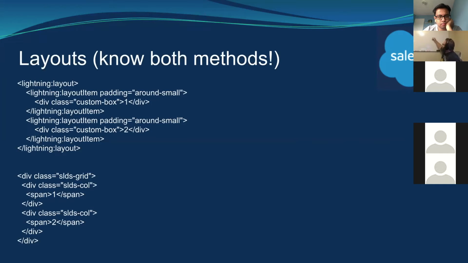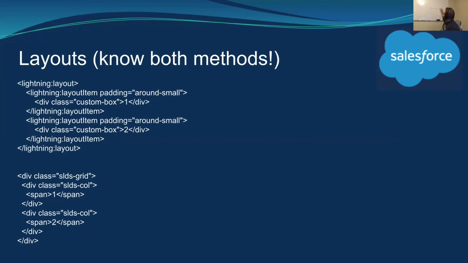If you've got some container like this, and maybe you've got 3 Lightning Design cards in the top, how are you going to lay these things out? Maybe you have 2 in the bottom, maybe you've got some related lists down here. If you don't figure this out early on, you're going to fight it later on.